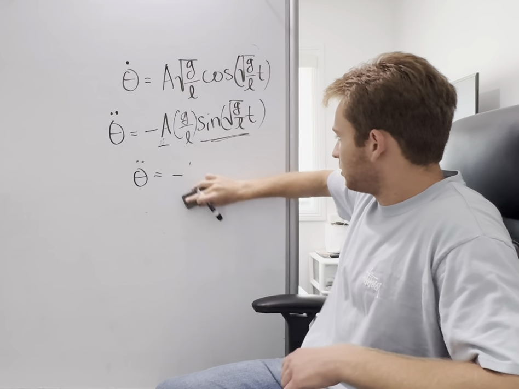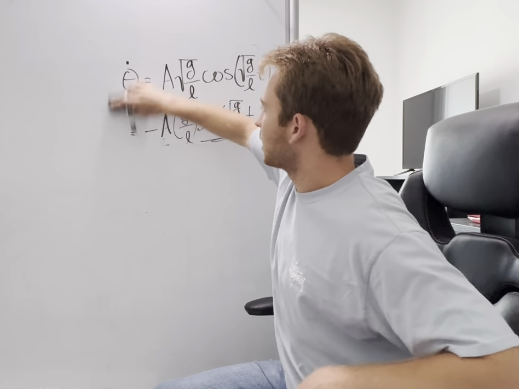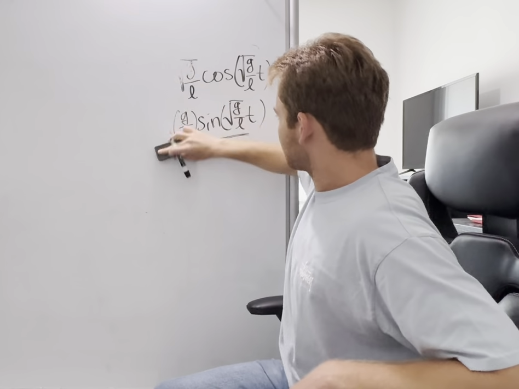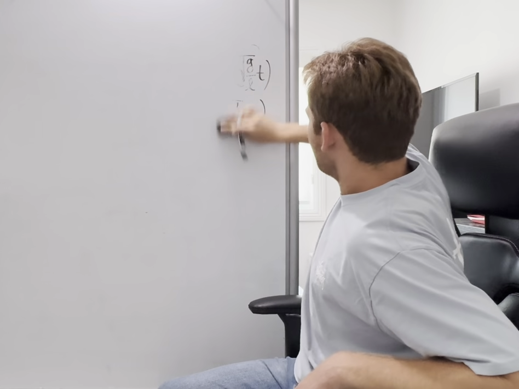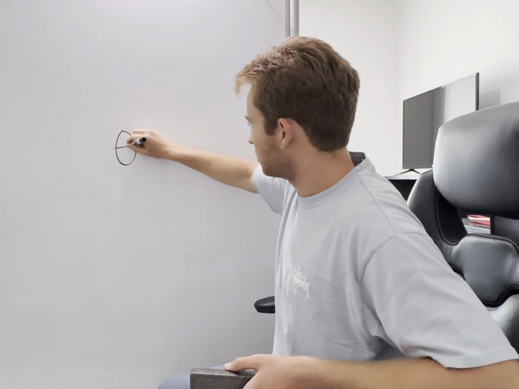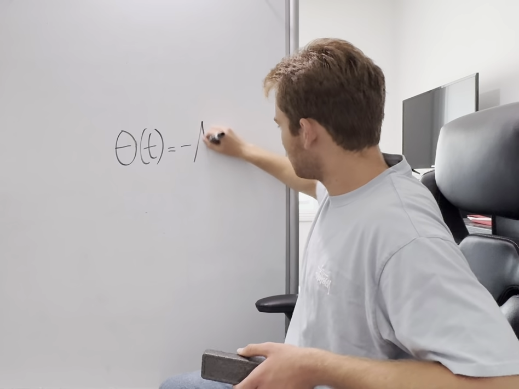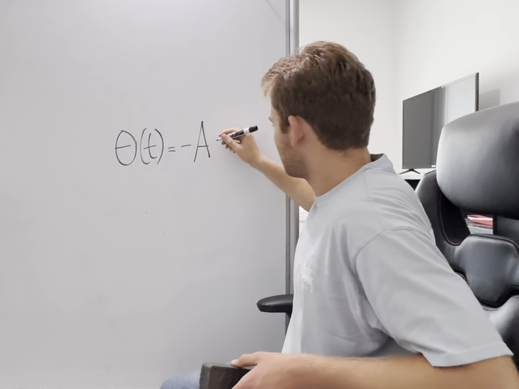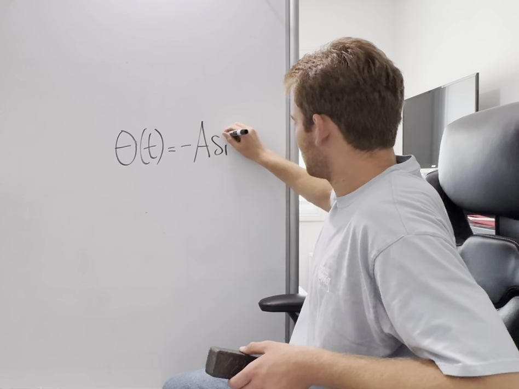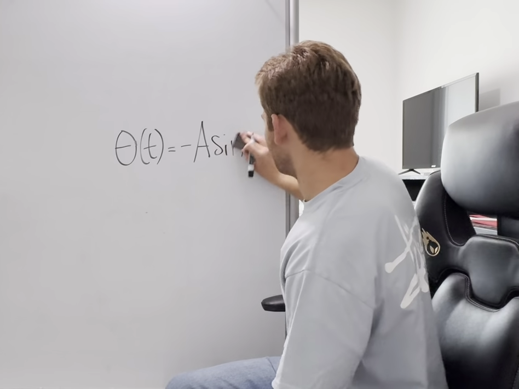And so, just for one last time, I will write it again. Our solution to the differential equation is theta of t is equal to A sine, I'm actually going to write that over here, I don't have room.